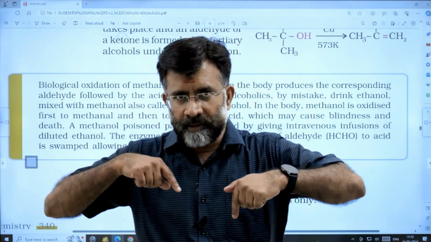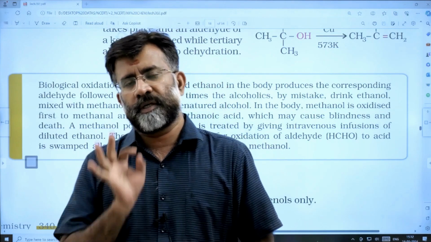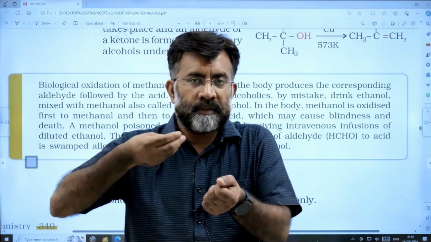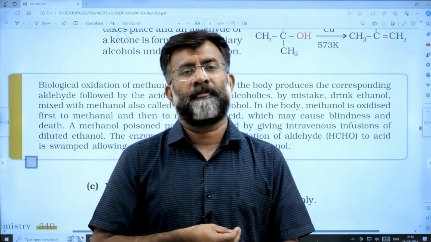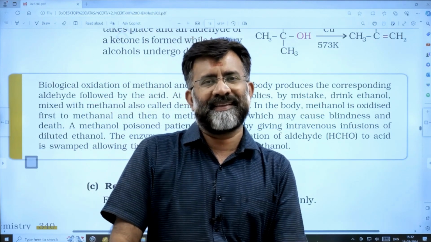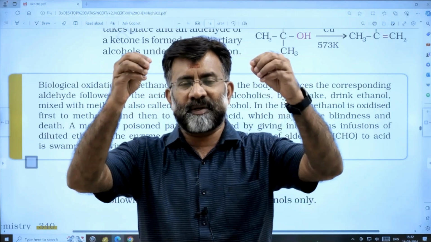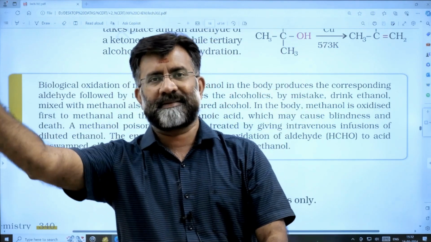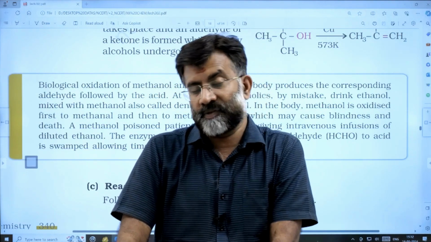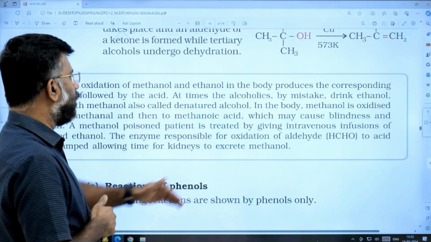In our body, oxidation of methanol and ethanol happen at different rates. So when ethanol is injected into the blood, oxidation of ethanol will dominate, and oxidation of methanol will be suppressed. By the time ethanol is oxidized, methanol will be excreted through urine, and hence it can save the life. Such certain points are dealt with in this paragraph.